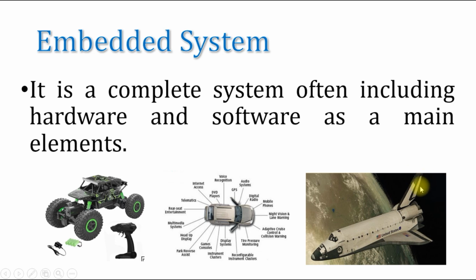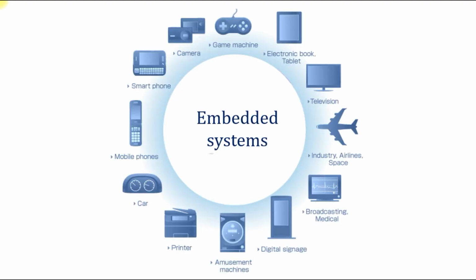These are all devices where the hardware control is given by software. These are all the classical examples of embedded systems, and you can see elements like smart television, smartphone, automobile, and all the home appliances are now becoming examples of embedded systems.